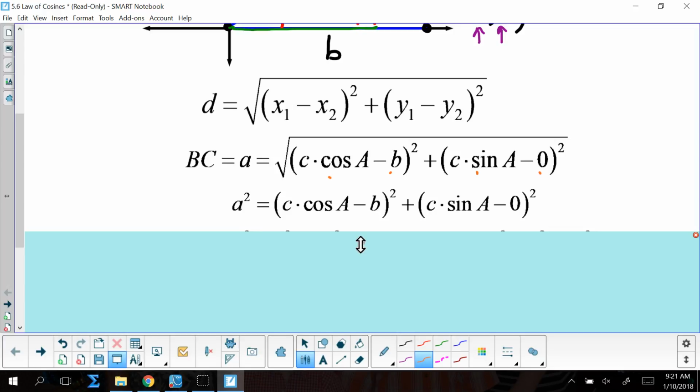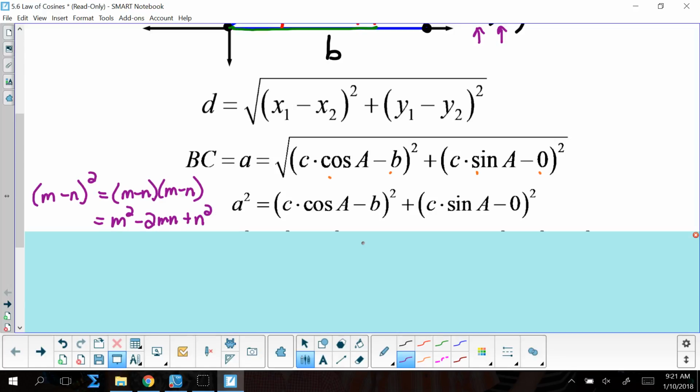Then I could remember back to my algebra days: if I had m minus n and I squared it, that's m minus n times m minus n, which is m squared minus 2mn plus n squared.